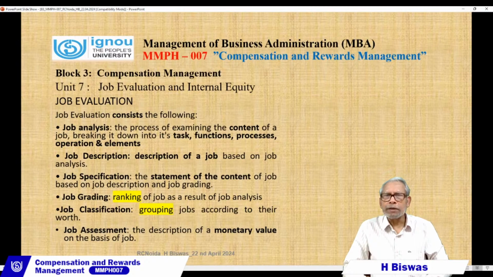Number one, first priority, is job analysis. After that, the job description is a byproduct prepared from the job analysis. Until and unless you finish the job analysis part, you cannot do the job description. And job specification is also a statement, for which again you have to take the inputs from the job analysis. So all of these are interrelated.